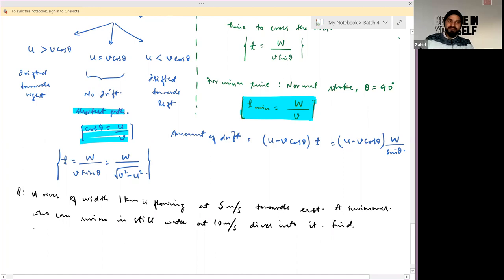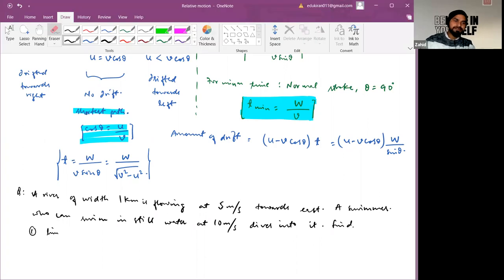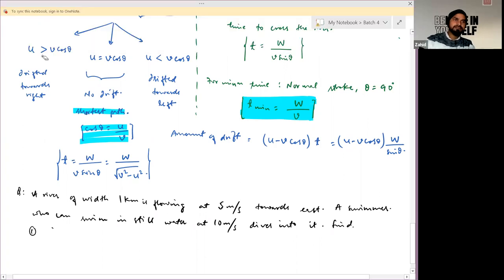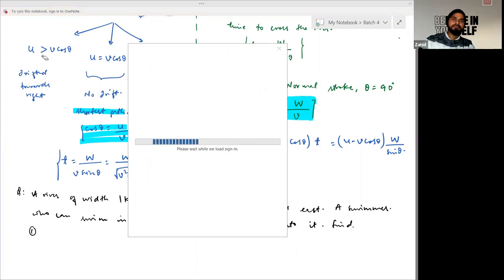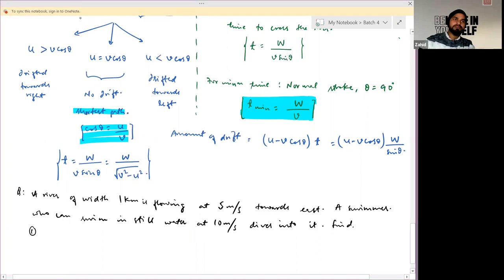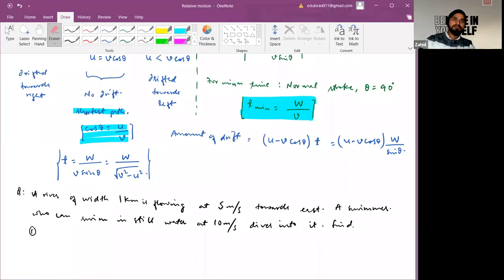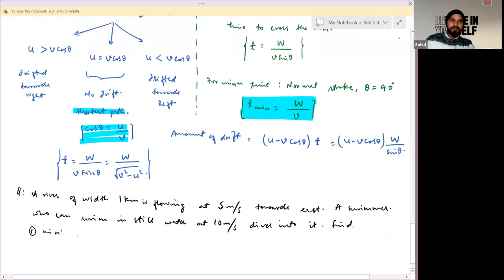So you have to find, first, the minimum time to cross the river.